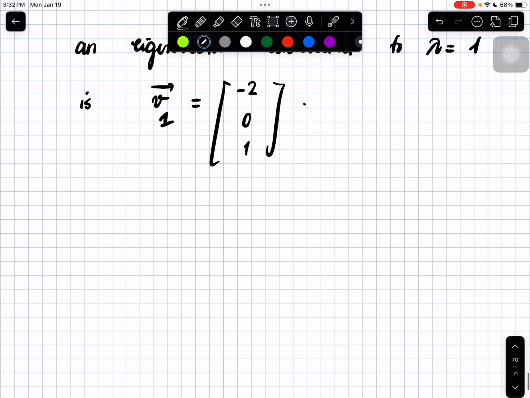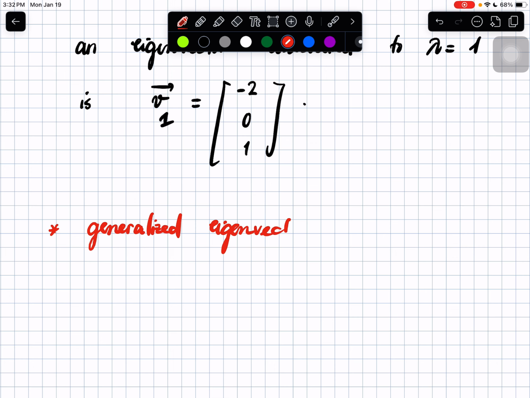Now from v1 we get v2. By definition, we are missing two eigenvectors, so we need to find the generalized eigenvectors.